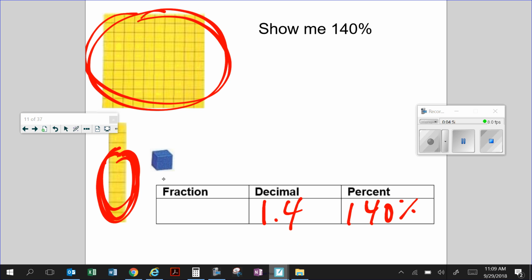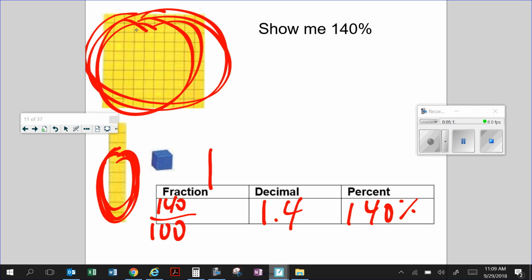Well, you need 140 pieces to make this percent, so it's 140 per 100. Another way we could say it is one whole and 40 hundredths, or 1 and 4 tenths. And they all simplify down to 1 and 2/5.